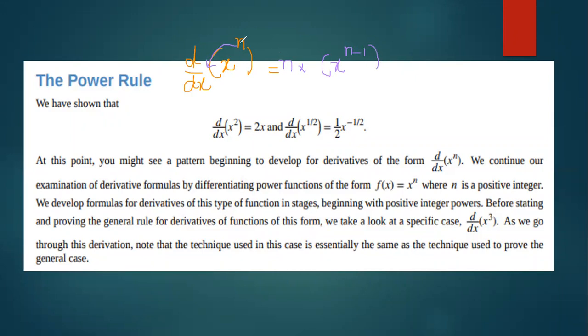Again, for the power rule, my power will be here for the first term, so this will be written as n multiplied by x to the power of n minus 1.